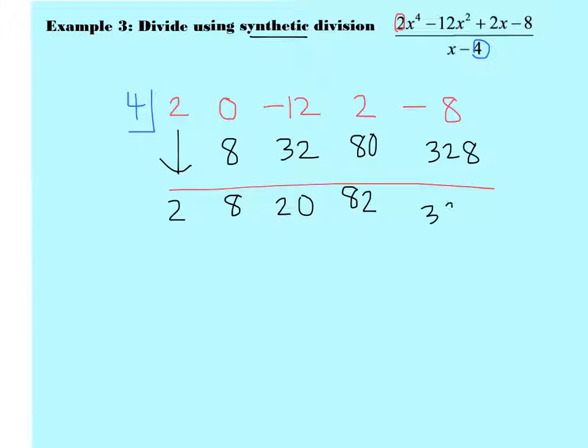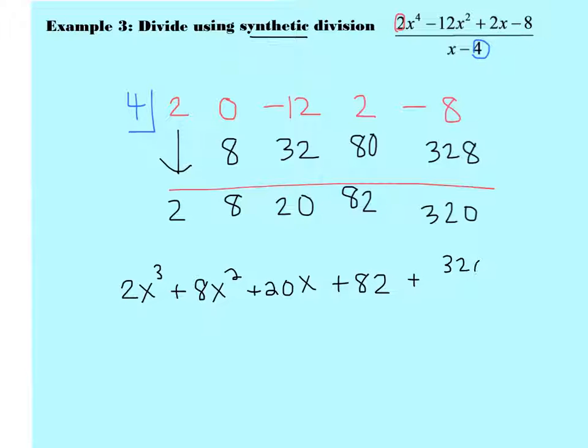Add those, get 320. So that first 2 is going to have a degree 1 less than what we started with, which was 2x to the 4th. So it's 2x cubed plus 8x squared plus 20x plus 82 with a remainder of 320 over x minus 4.